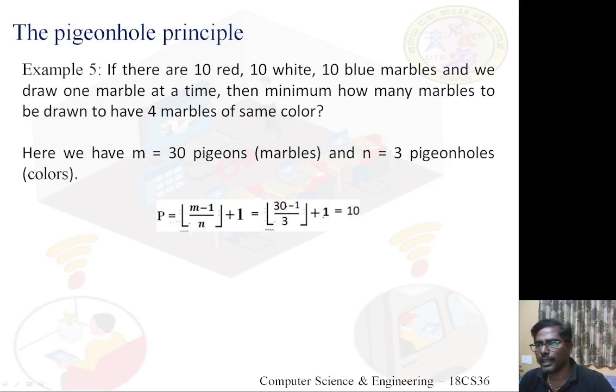Now seventh, again a red marble. Eighth, a white marble. Ninth, a blue marble. After drawing 9 times, I have 3 marbles of each color.